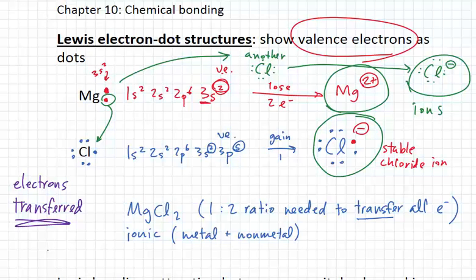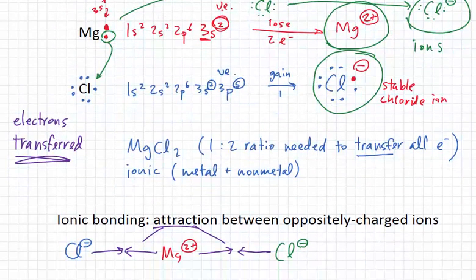So the metals tend to give away their electrons. The nonmetals tend to accept the electrons in order to become stable. And that's just based on sort of position on the periodic table. What direction we have to go for it to be like a noble gas. So the ionic bond that then forms is because we formed oppositely charged ions that then attract. That's ionic bonding.